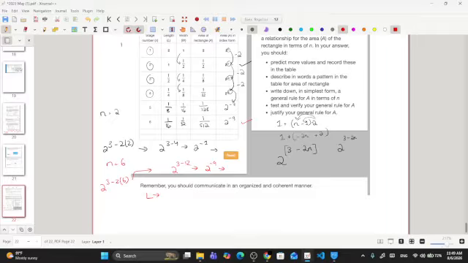Wait a second. The common difference was 1 over 2, which is 0.5, as it is the next term divided by the previous term. So that was the common difference.